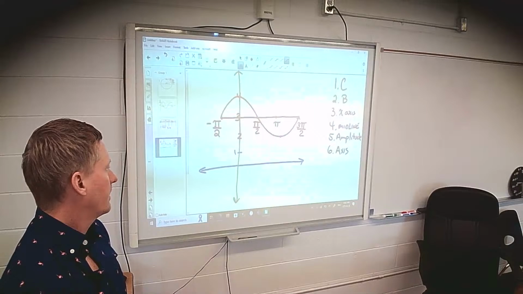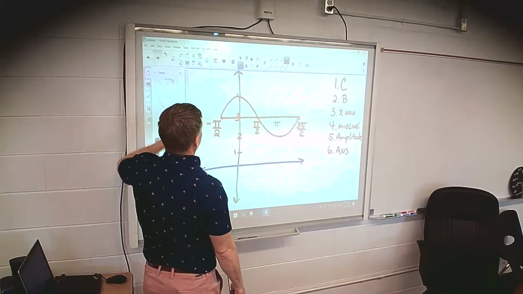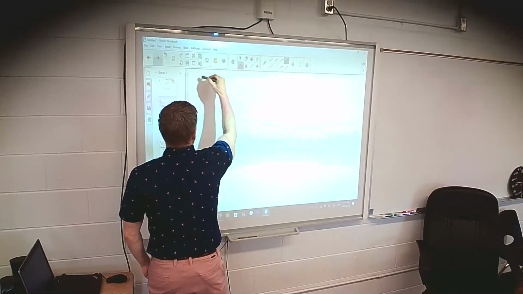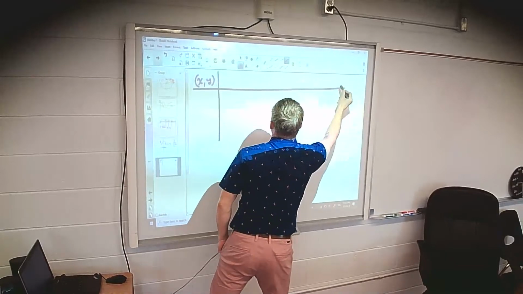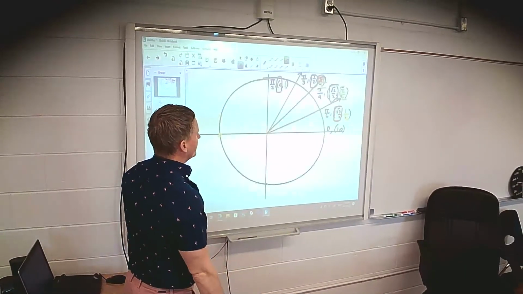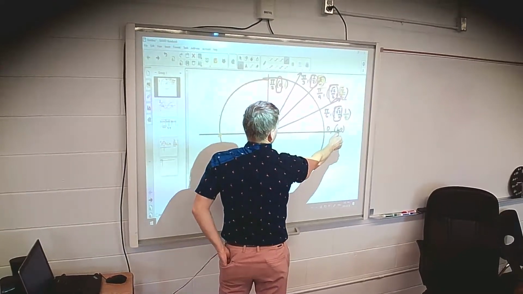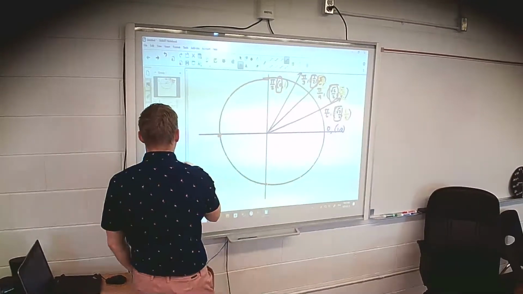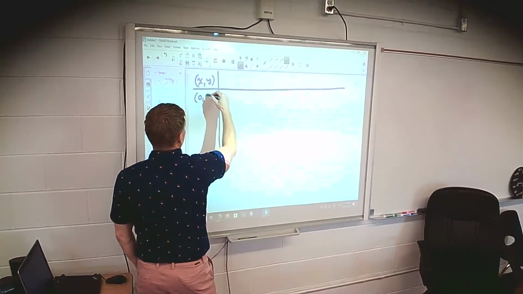The alternative to doing it that way is simply this: x, y, using the 5 key points of a cosine graph. I'm going to do it this way. 0 radians and 1.